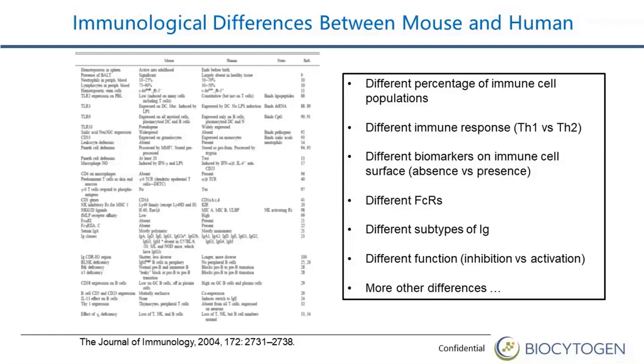They also have different Fc receptors, including Fc gamma receptors, different immunoglobulin subtypes, or different functions in response to some disease conditions. For example, in mouse some drugs could show inhibition, but in human could show activation, and there are more other differences. All these differences can cause translational problems.